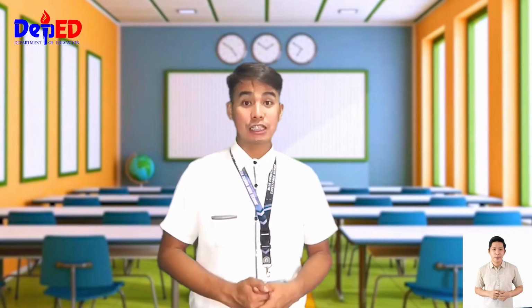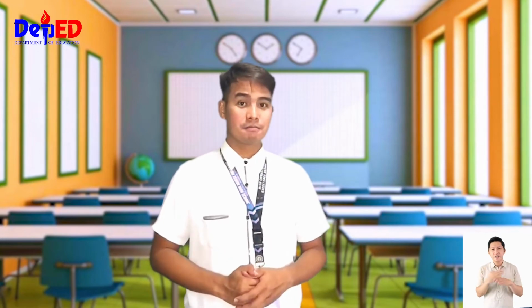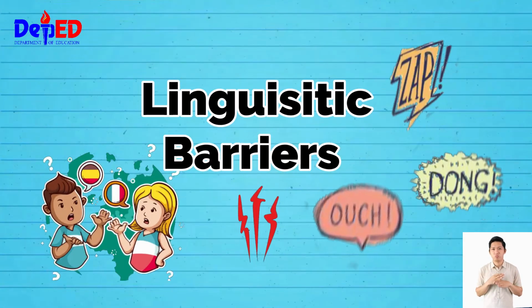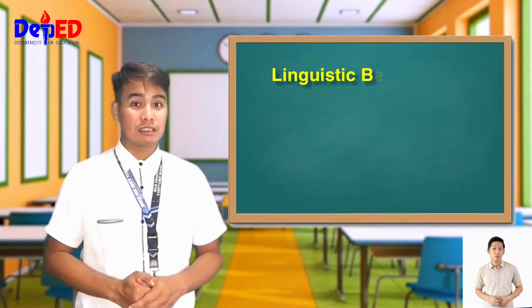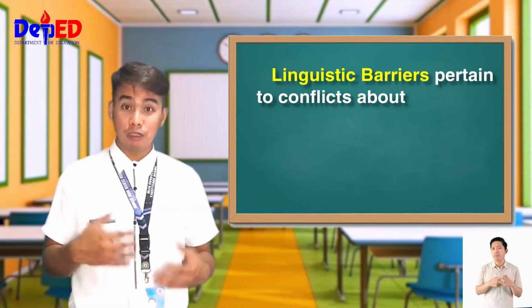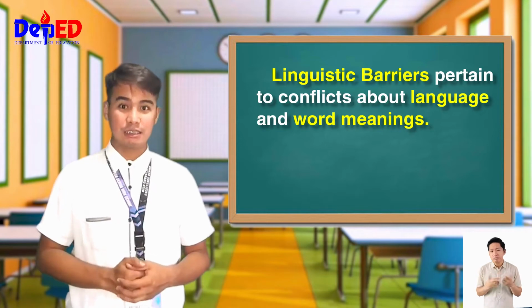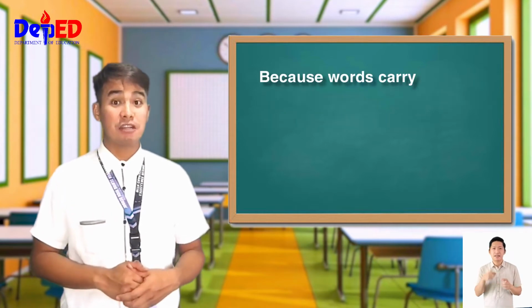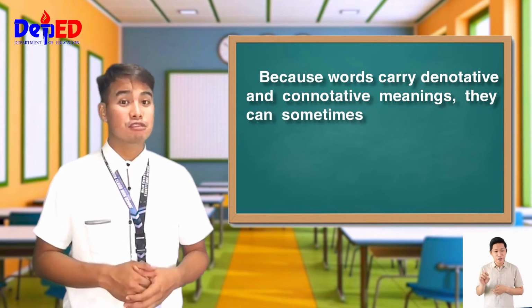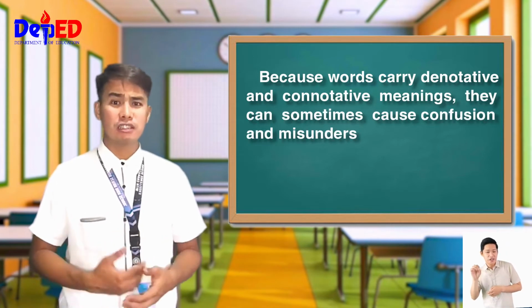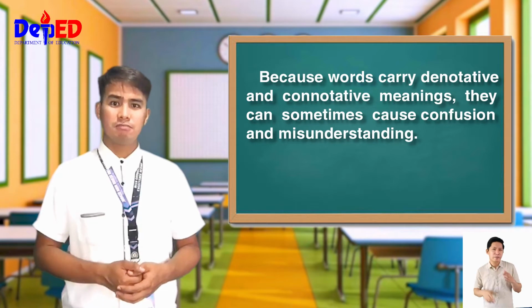The fourth barrier is linguistic barrier. Linguistic barriers pertain to conflicts about language and word meanings. Because words carry denotative and connotative meanings, they can sometimes cause confusion and misunderstanding.